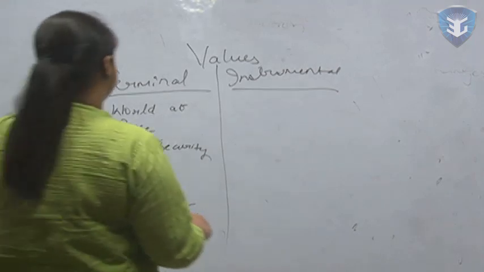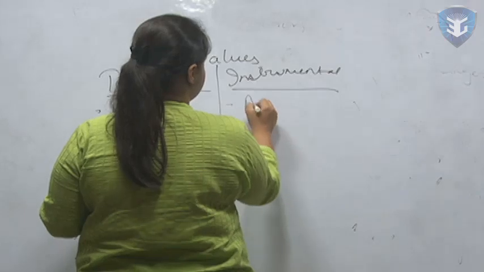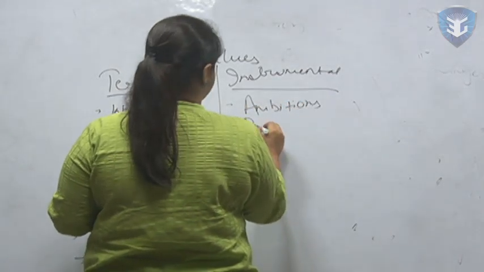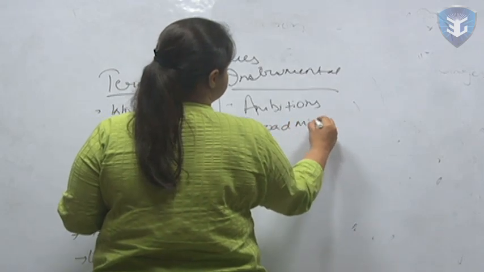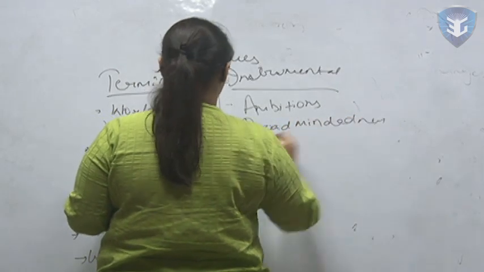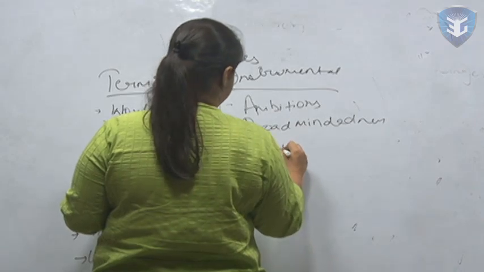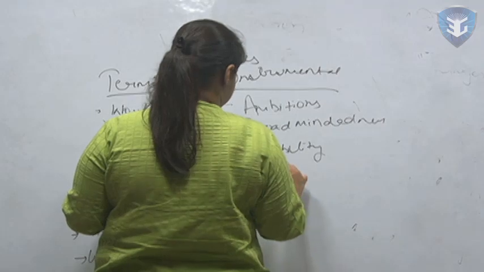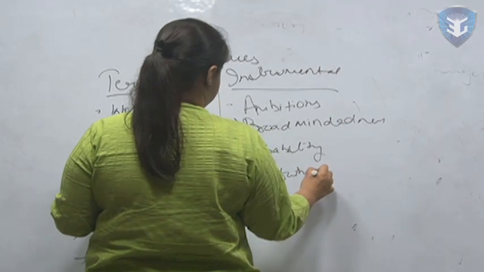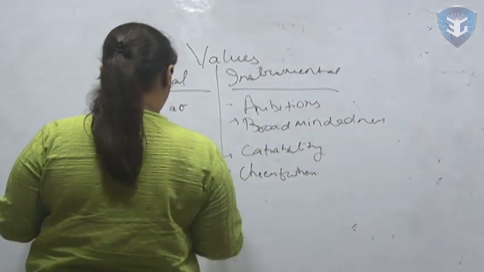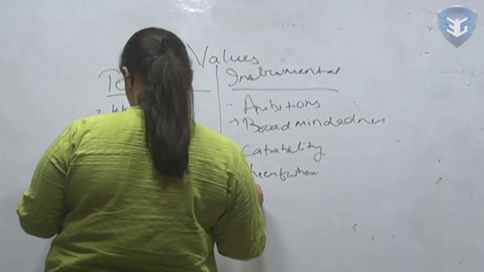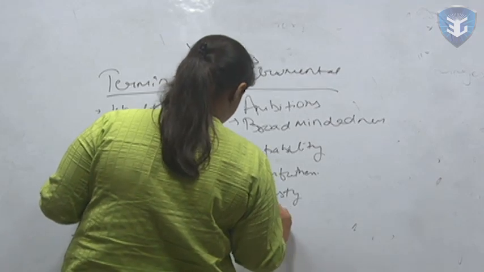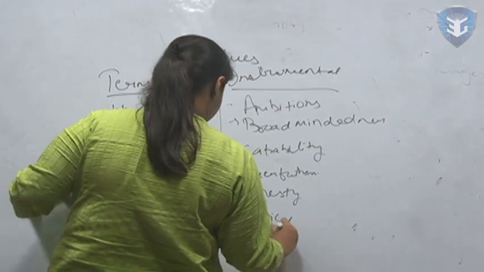And if we talk about instrumental items, it includes ambition, broad-mindedness, capability, cheerfulness. This is somewhere a clear denotation of the values they are carrying. Then honesty, logical and loving.